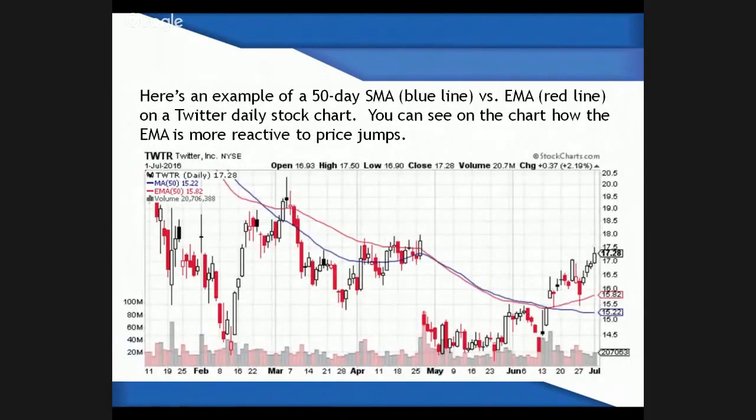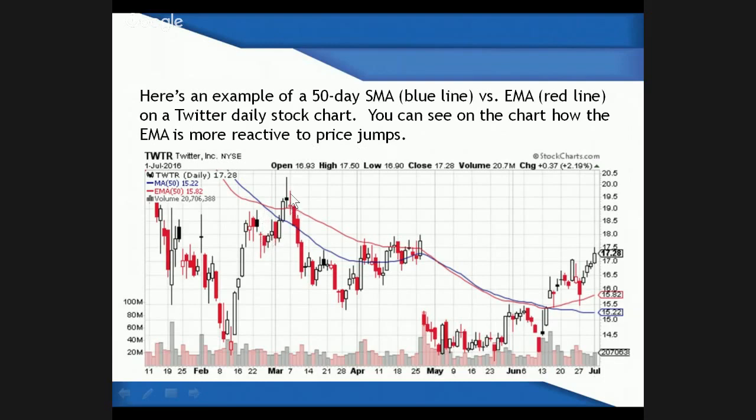So here's an example of a 50-day simple moving average, and that's the blue line on the chart, versus the exponential moving average, which is the red line on the chart. And they're both 50-day, as you can see. Simple moving average, exponential moving average. And you can see on the chart how the EMA is more reactive to price jumps.